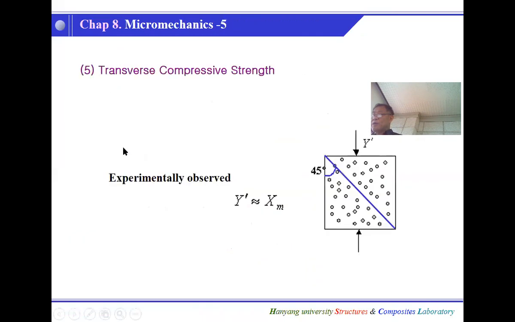Oh, there's one more. The last one is the transverse compressive strength Y prime. Under compression, the failure mainly occurs at 45 degrees, shear dominant, and for this Y prime, you can say XM, meaning... what is this? This is not quite true.